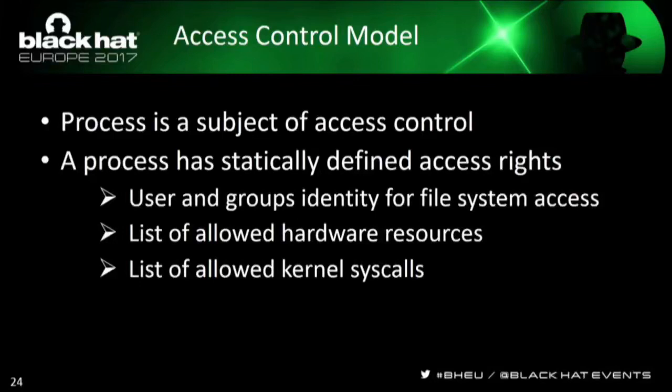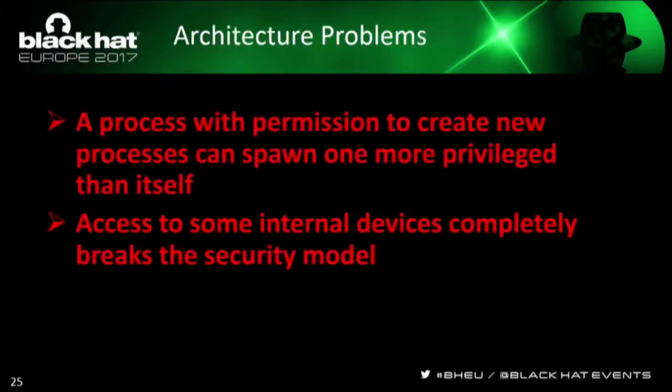This scheme results in the following architecture problems. The first and most important is that a process can elevate its privileges by spawning a new process with high access rights.